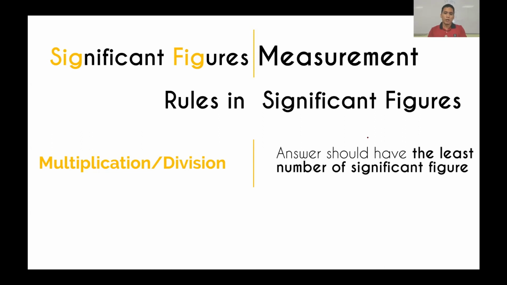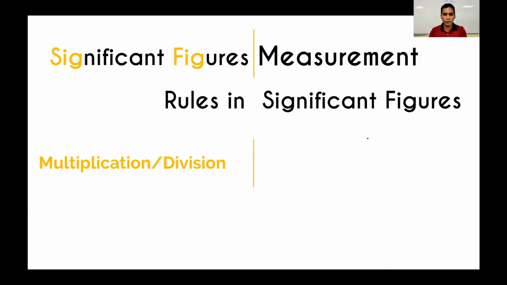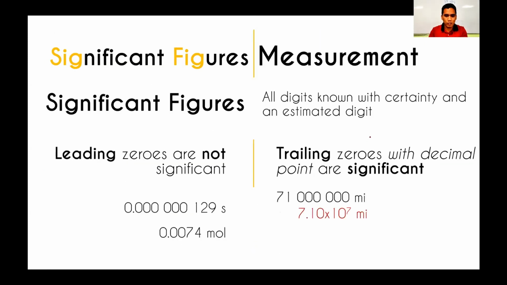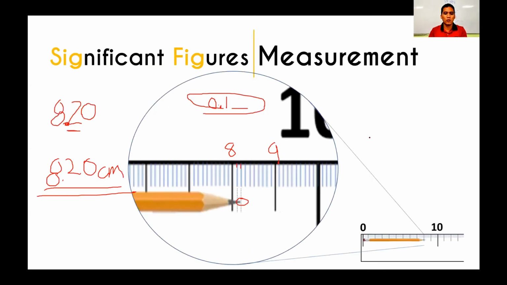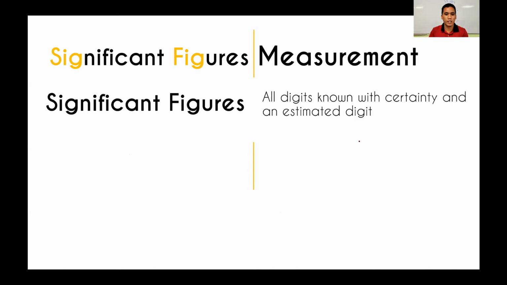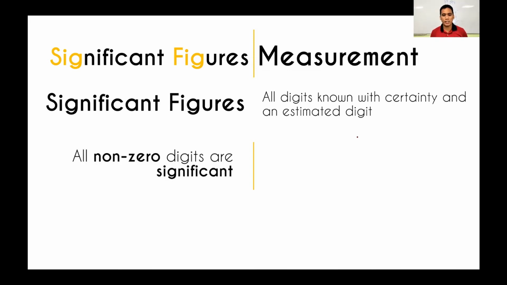Okay. To know how many significant figures there are, there are certain rules that we have to follow to identify if a digit is significant or not. First, all non-zero digits are significant.